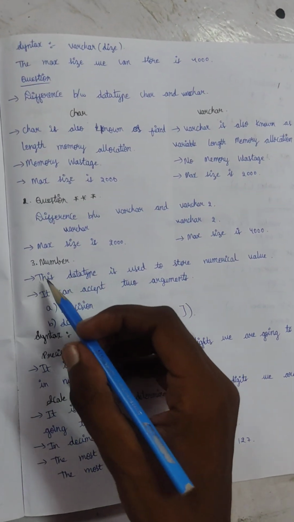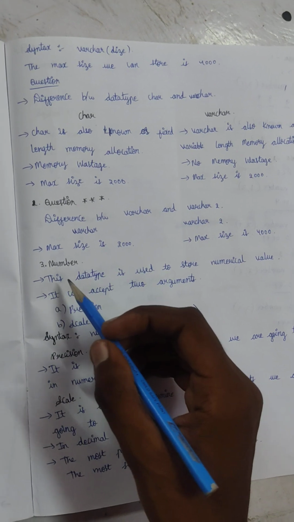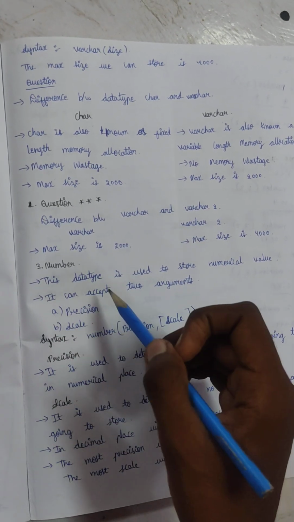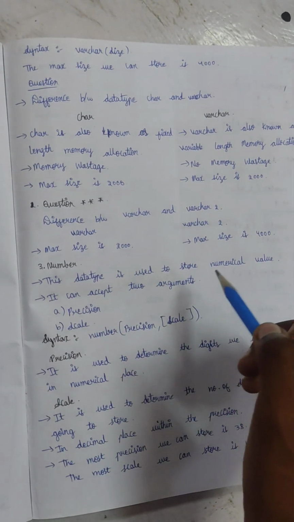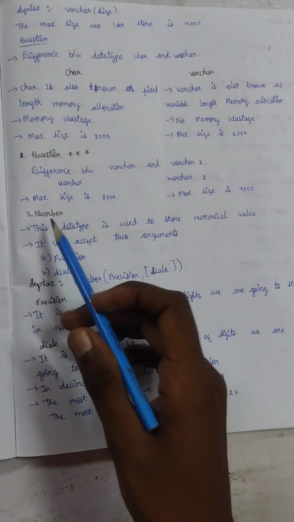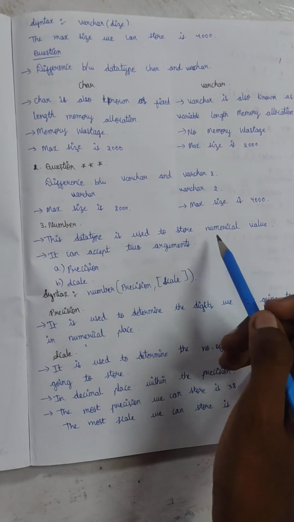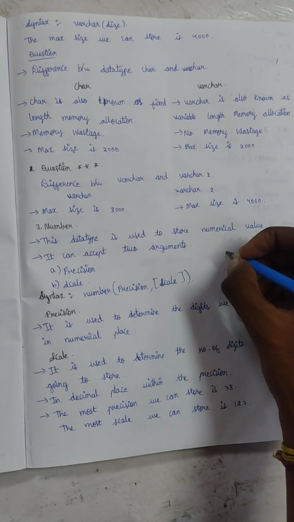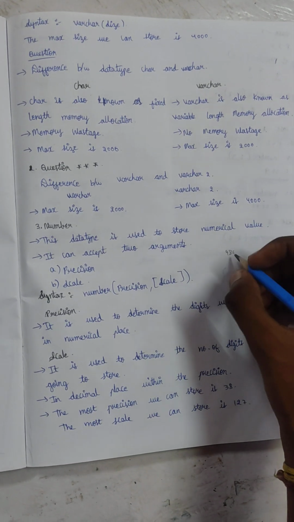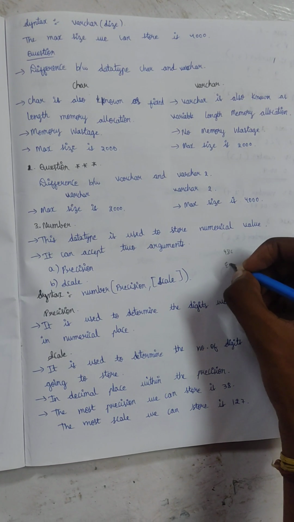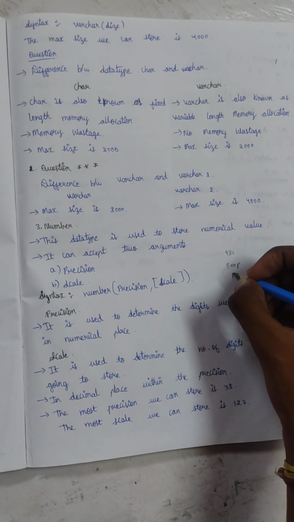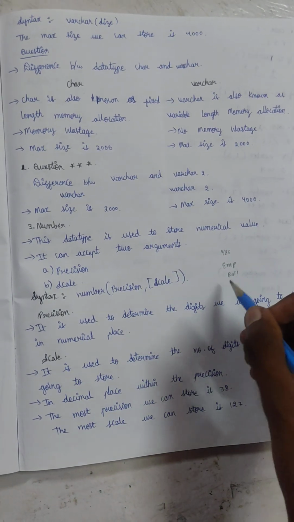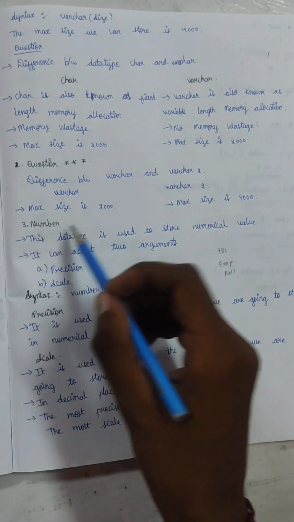Another data type we are going to cover is number. This data type is used to store numerical values. For example, if we are storing a phone number, employee ID, or roll number, we use this number data type.